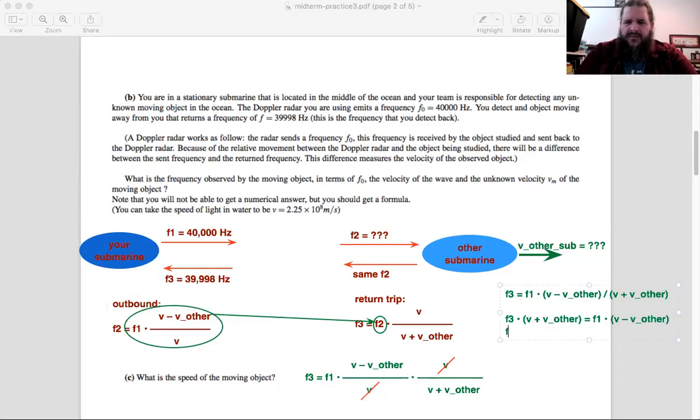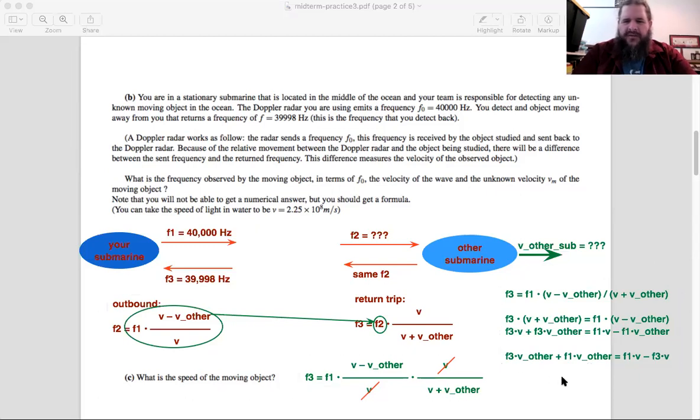If we then distribute, we now have the only problem being that V other, the variable we're trying to find, shows up on both sides of the equation. But we can deal with that by just moving all those terms to one side of the equation. So let's say we add F1 V other to both sides. And let's say subtract F3 V from both sides.